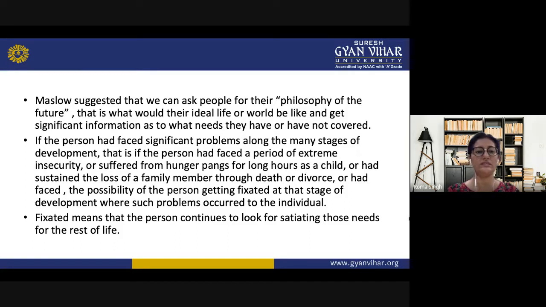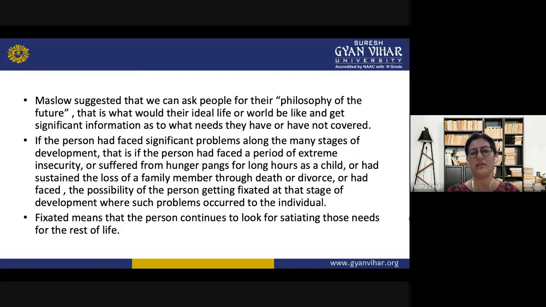So you can get significant information as to what needs they have or have not covered yet. Every person will have a different perspective regarding this, and they will have different needs. But more or less, Maslow has suggested the common genuine needs which all human beings need.